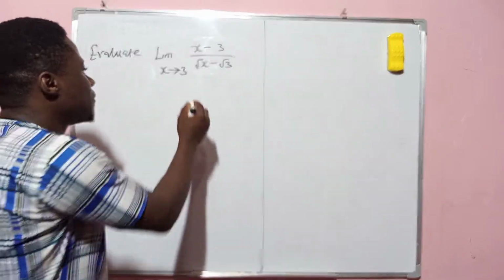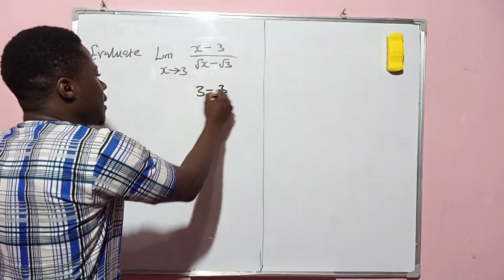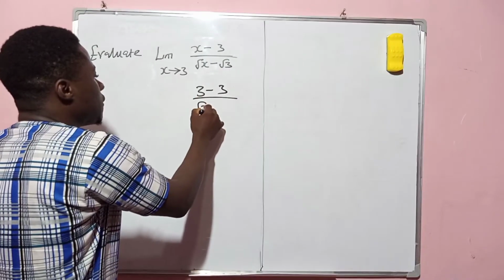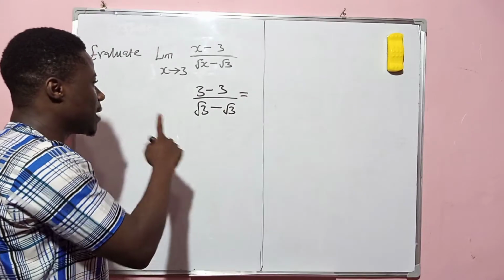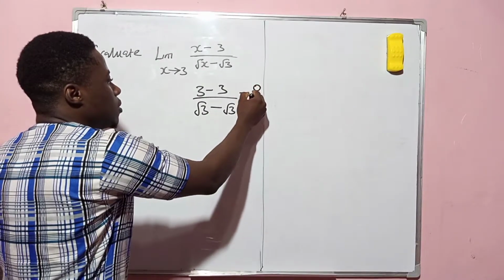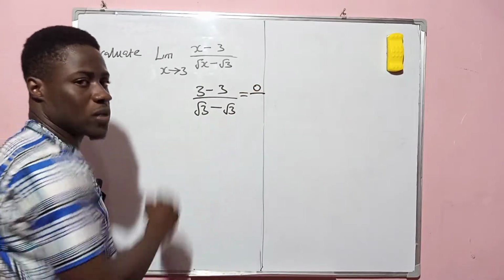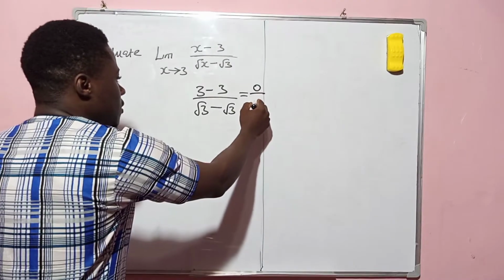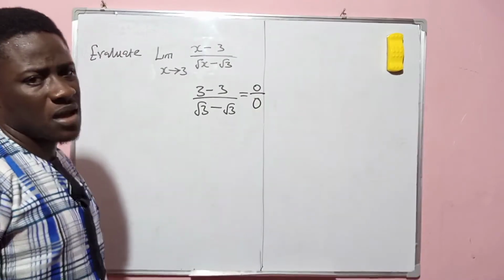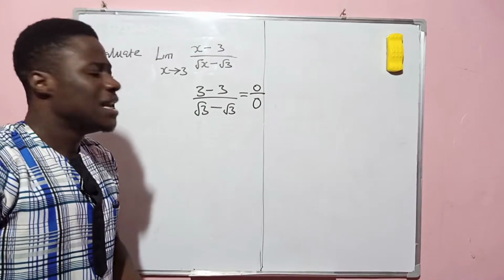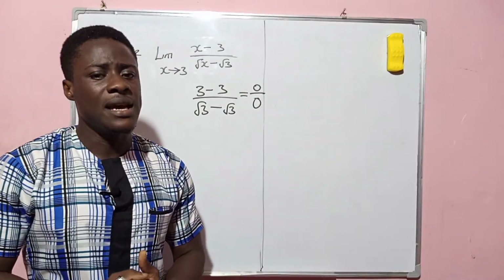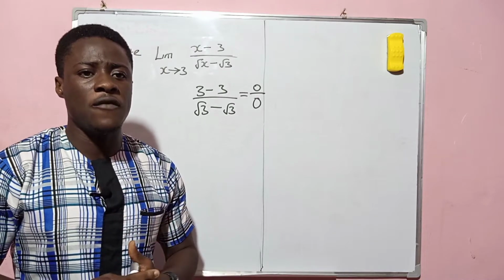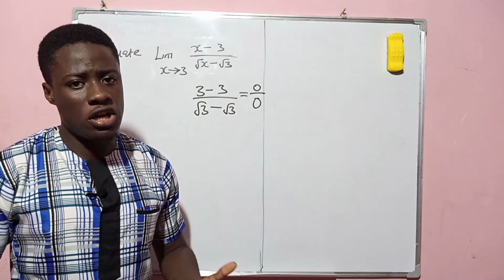When we do that, we'll have 3 minus 3 over square root of 3 minus square root of 3, which gives 0 over 0. It is now undefined if we substitute directly in this expression, and limit of a function can never be undefined.